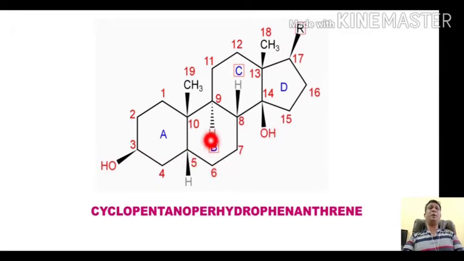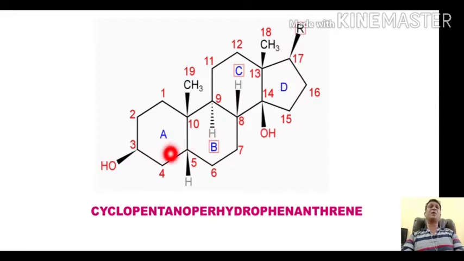So as far as the IUPAC nomenclature of this ring system is concerned, it is called cyclopentano perhydrophenanthrene, because these three rings, the rings A, B and C, are supposed to be the saturated phenanthrene nucleus. Phenanthrene is an unsaturated aromatic compound which consists of double bonds.